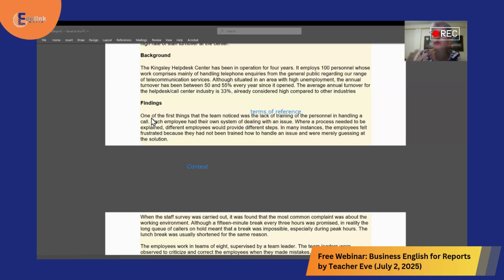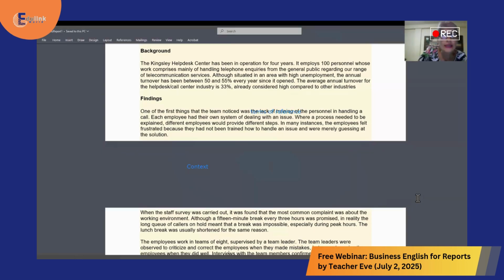So they've got to describe them. So that's probably going to be longer. Findings is usually the biggest part of your report. So I think we've got maybe 3 or 4 paragraphs here about the problems that the staff have in this call center.